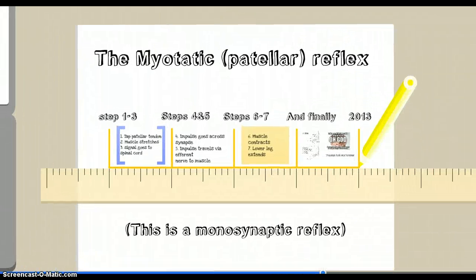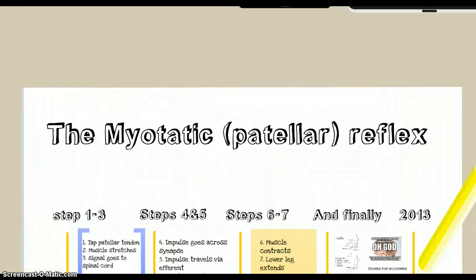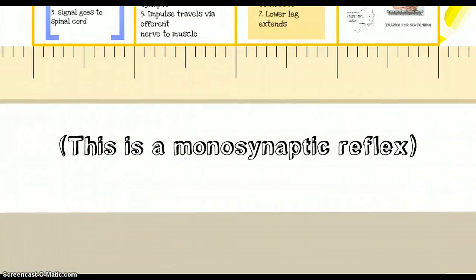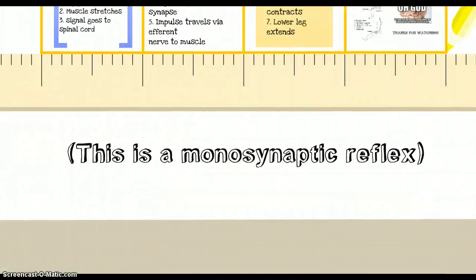Let's take a look at when we're learning reflexes. The most common one to learn that everyone knows is called the myotatic or patellar reflex, more commonly known as the knee jerk reflex. This is a monosynaptic reflex, just to let you know.